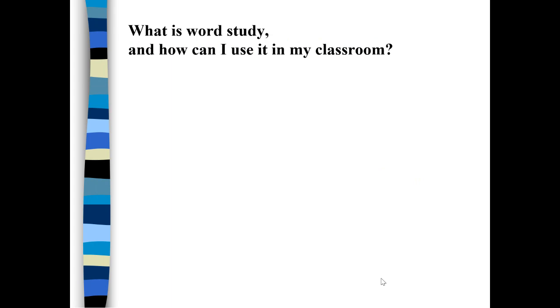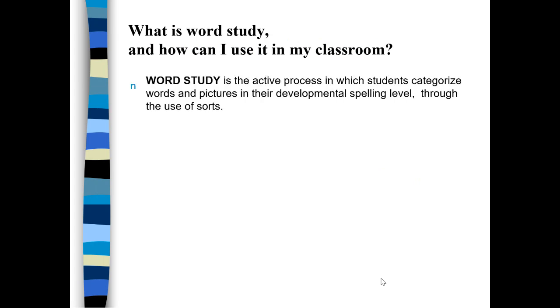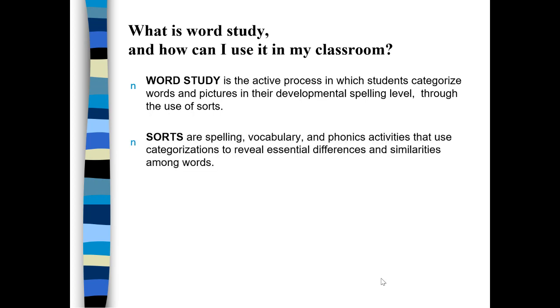So a word study in itself is actually a process in which students categorize words and pictures within their developmental spelling level through the use of word sorts. Sorts are spelling, vocabulary, and phonics activities that use categorizations to reveal essential differences and similarities among words.